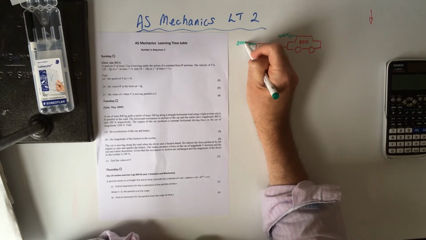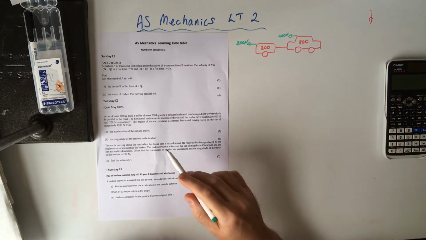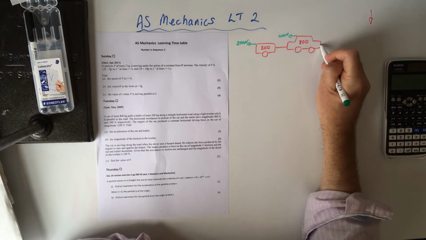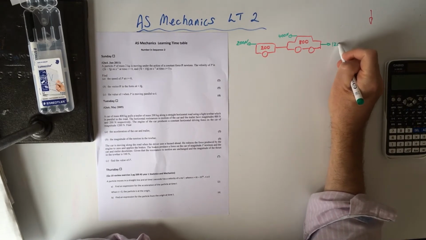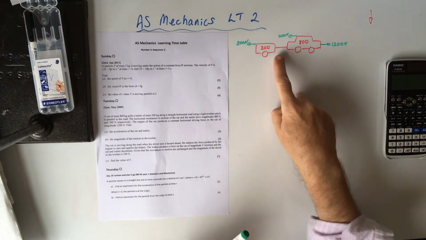This will be friction, air resistance, and so on if the wheels aren't oiled enough. So 400 newtons and 200 newtons resisting it, and it says that the engine produces a magnitude of 1200 newtons pulling it. Okay, so there we go, we've got all of our forces on. It's got a tow bar between it.